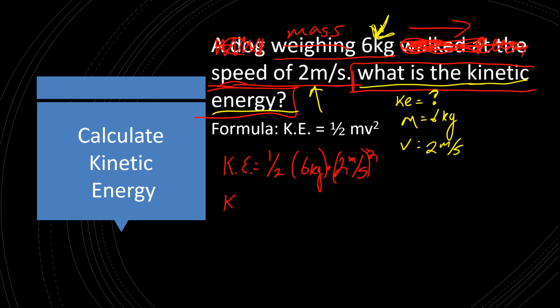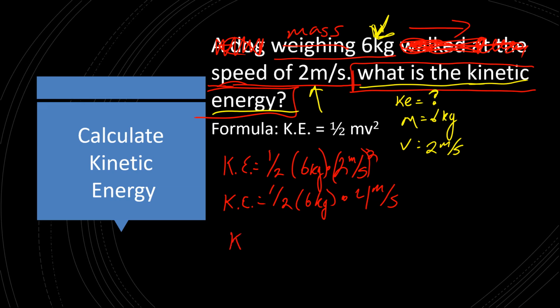So we have K.E. equals 1/2 times 6 kilograms times now 4 meters squared per second squared. So pretty simple so far. We can multiply 6 times 4.